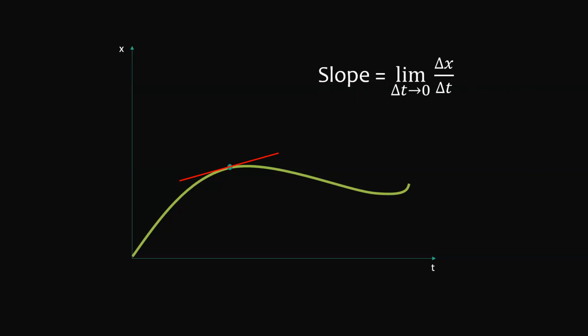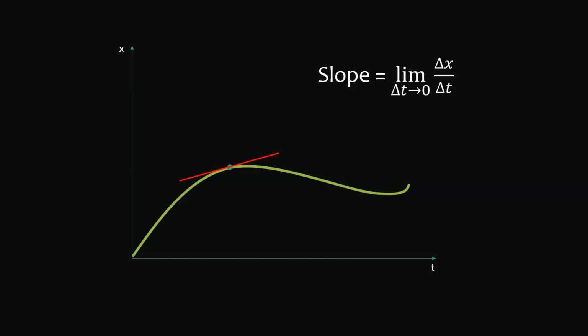That's why we have to use the limit, because we recognize that the time interval is so small that it approaches zero. We have to get 2 points because you need 2 points to create a line. But these 2 points are very close to each other. In fact, their distance is almost zero. That's why we use the limit.